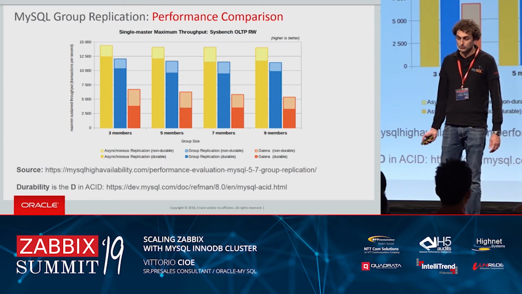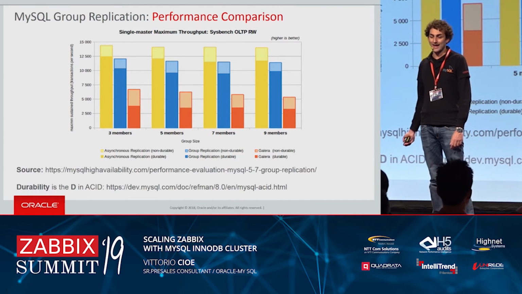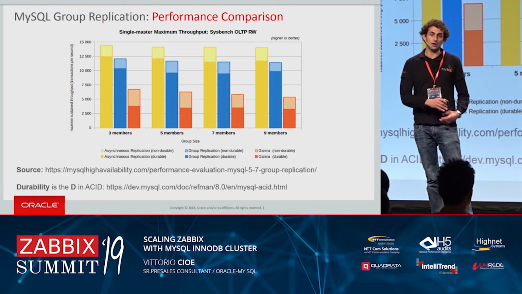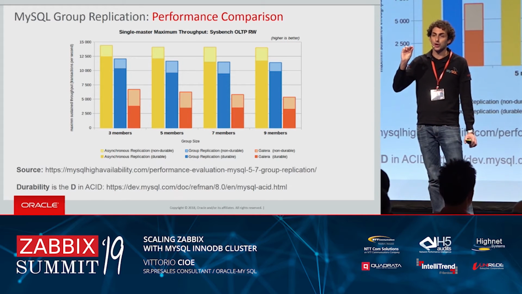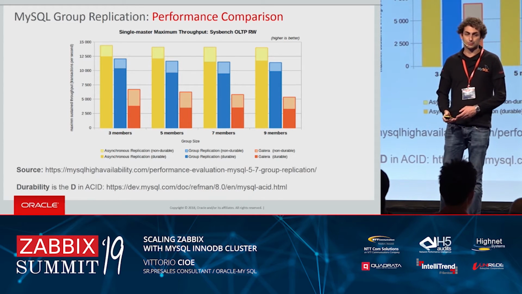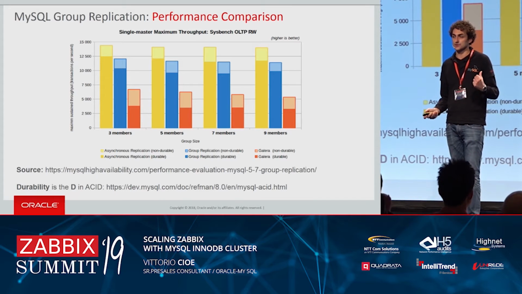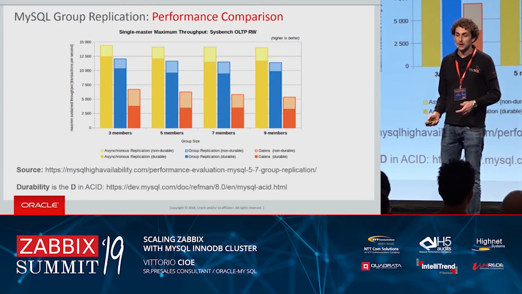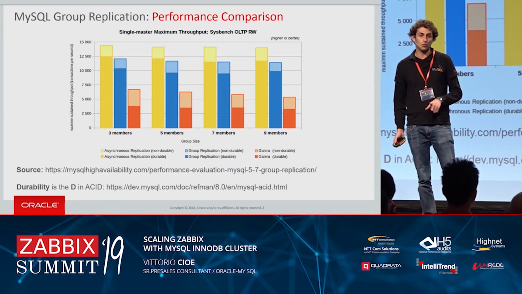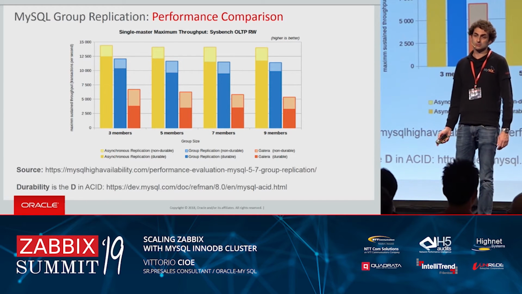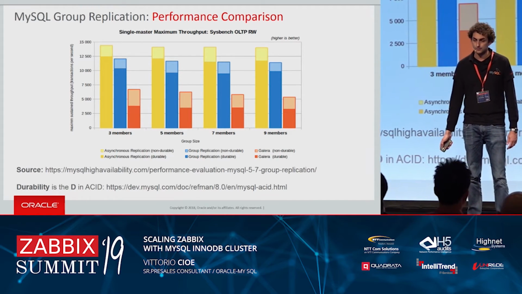Group replication is just a bit slower than asynchronous replication, for obvious reasons given how it works, but it has been shown to be way faster than competing products.